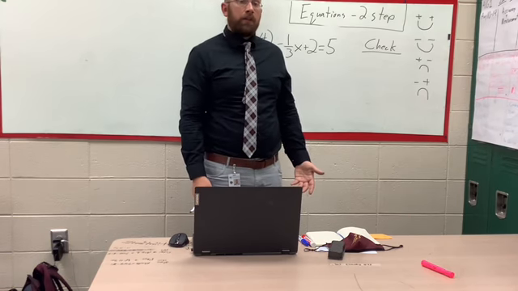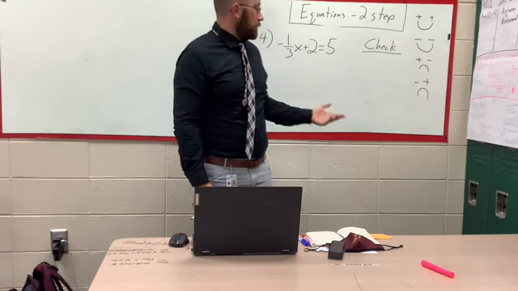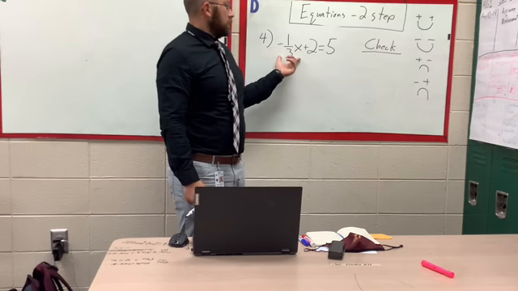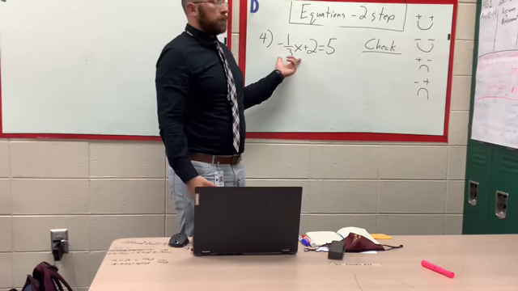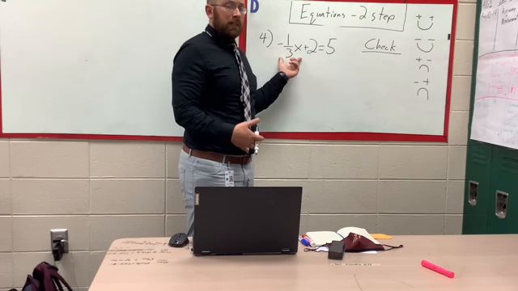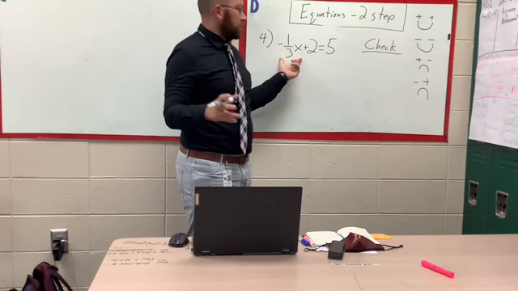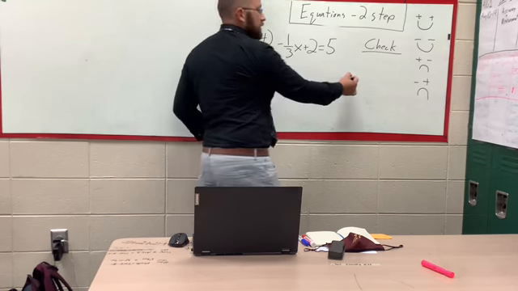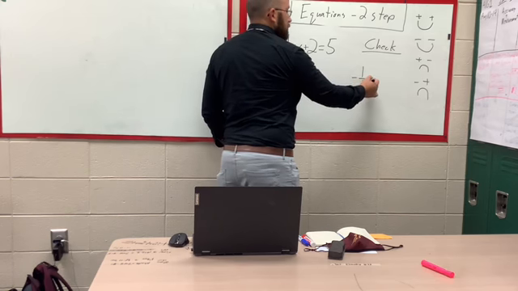All right, now we move on to another problem you might not have seen before. This is a multiplication problem, but you do it the same way you do a division problem. That might not make sense, but let me show you something first. So this, which I have, is negative 1/3 x.